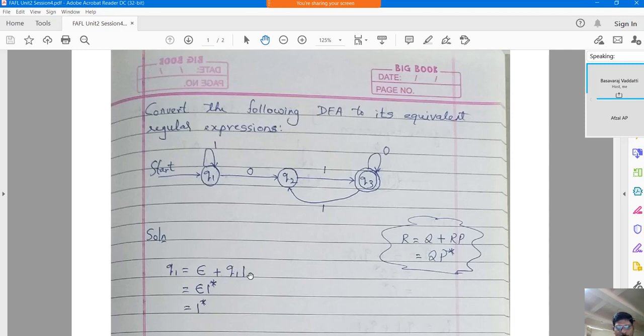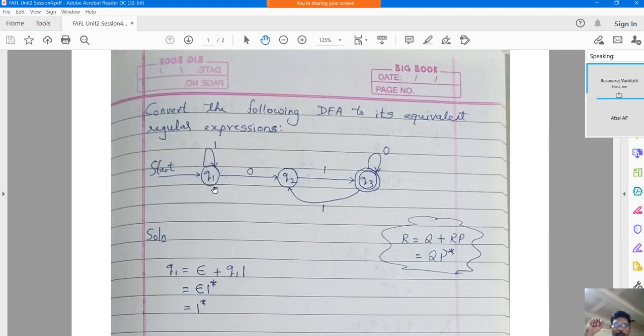What is the interpretation of this Q1 1? On input symbol 1, it goes to Q1. That is, Q1 on 1 means it goes to Q1. That is, we need to write regular expressions which correspond to the arrows into that particular state.